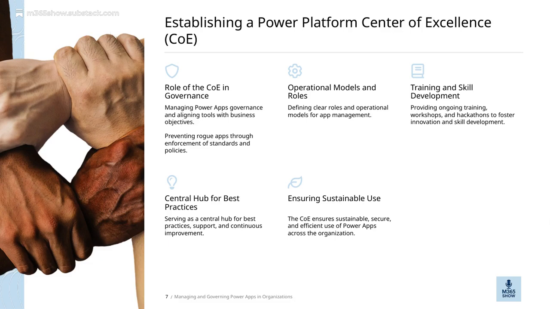By aligning tools with business objectives, the COE ensures that Power Apps are used responsibly and strategically, supporting overall organizational goals. In short, the COE is about creating a structured, proactive environment where Power Apps can thrive securely and sustainably, supporting innovation while maintaining control.